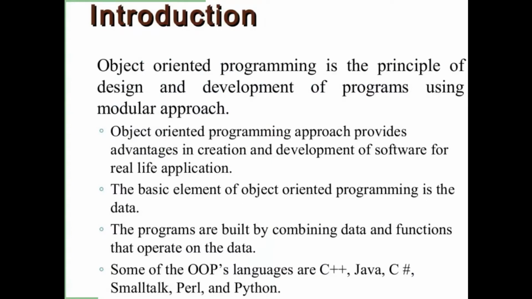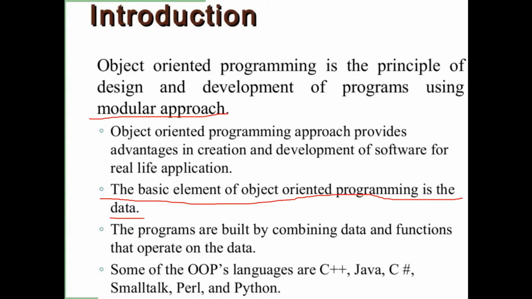First of all, we'll see the introduction to object-oriented programming. Object-oriented programming is a principle of design and development of programs using a modular approach. The object-oriented programming approach provides an advantage in the creation and development of software for real-time applications. The basic element of object-oriented programming is the data, because it involves member functions as well as member variables.